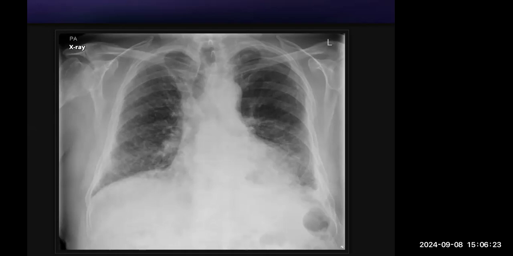There are no lesions within the bones. Again, there's no pneumoperitoneum. So I think there is some cardiomegaly. And there is some density seen over the retrocardiac region here.